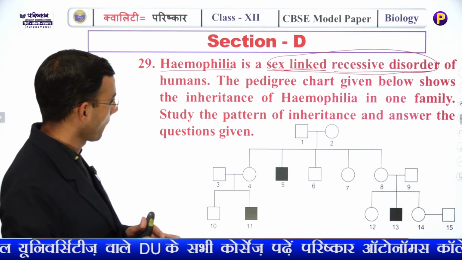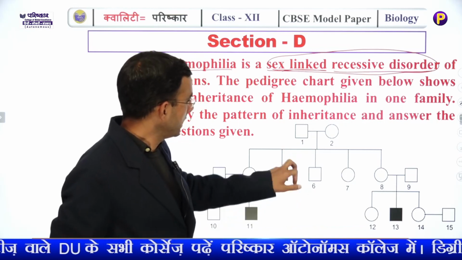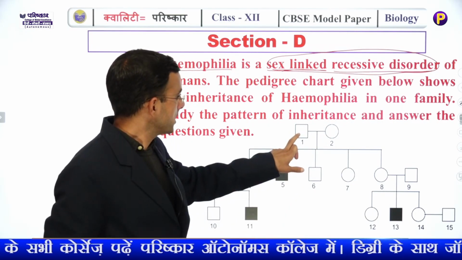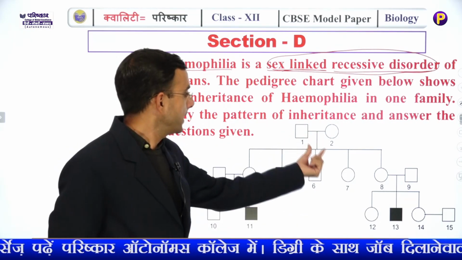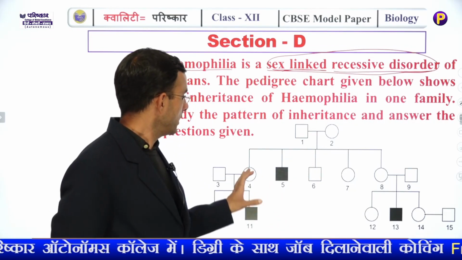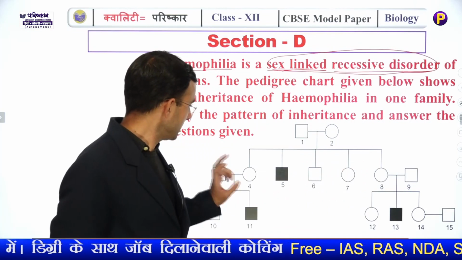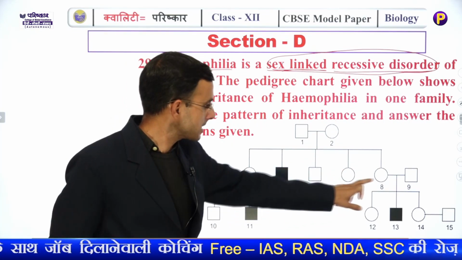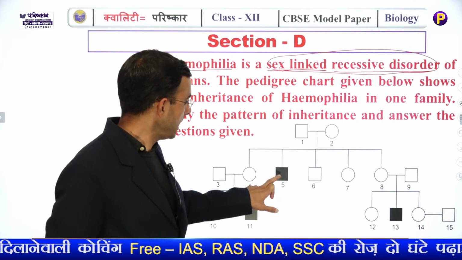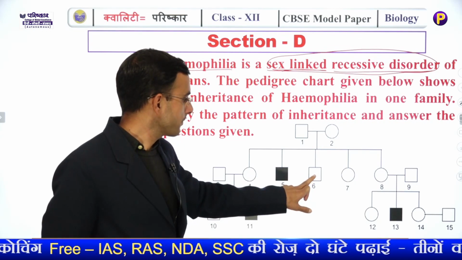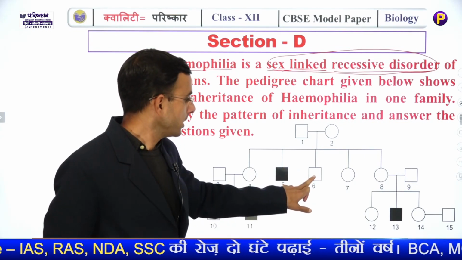So look at this one. There is a normal female and a normal male. They are marrying, and after that this is the next generation. In this generation there are normal females and males; one male is affected and one male is normal.